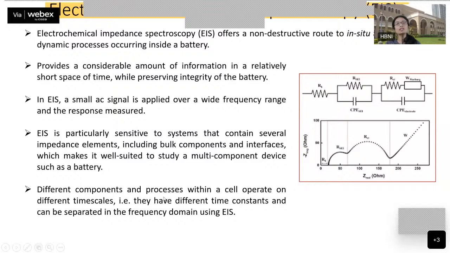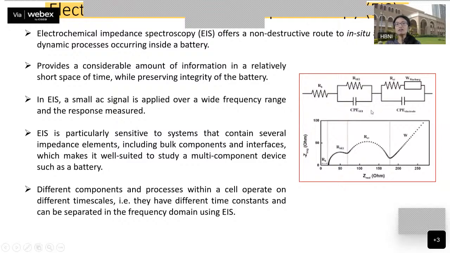Different components and processes within a cell operate on different time scales. So they have different time constants and can be separated in the frequency domain using electrochemical impedance spectroscopy. If you look at an electrochemical impedance spectrum, it looks somewhat like this, and each of these regions can be modeled on the basis of some electrical circuit, and this equivalent circuit is shown over here.